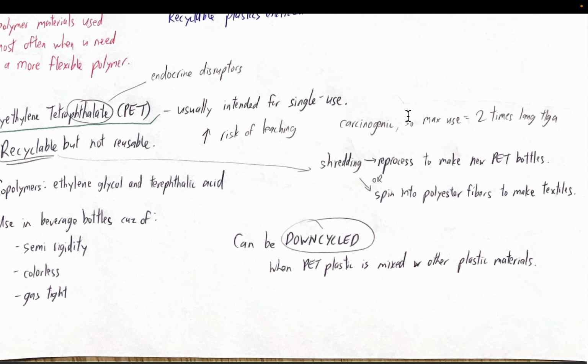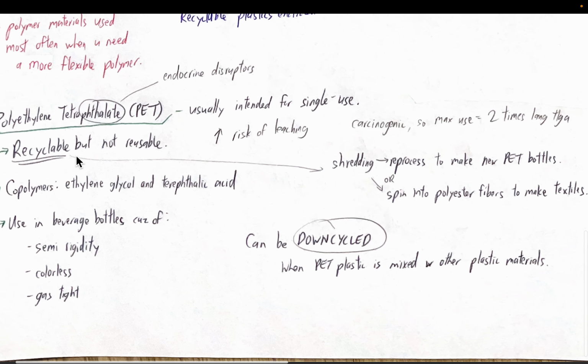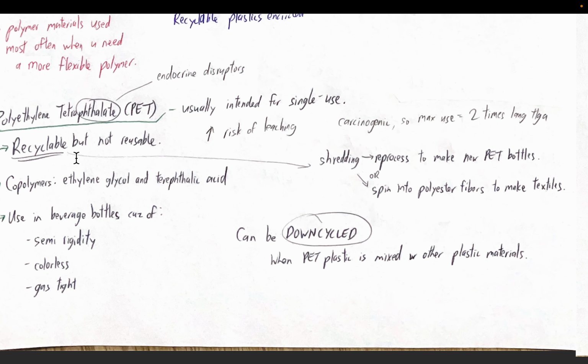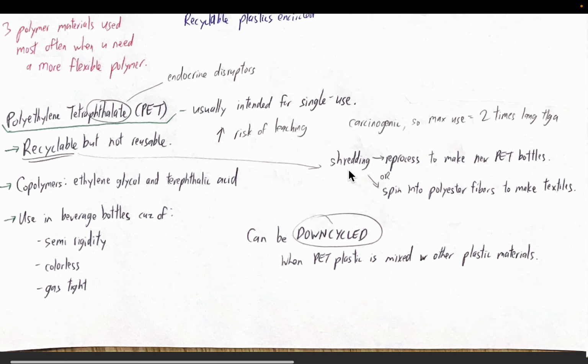So when you recycle PET, it has to undergo something called shredding. So you reprocess to make new PET bottles. An application of PET, I think it's already implied, bottles are made from PET, aside from HDPE that make milk jug bottles.